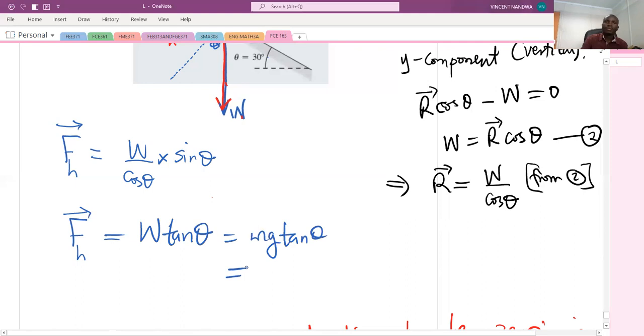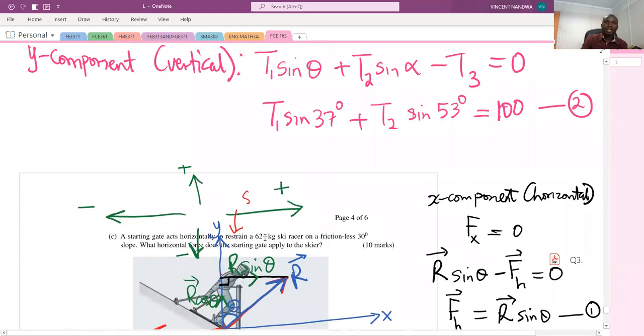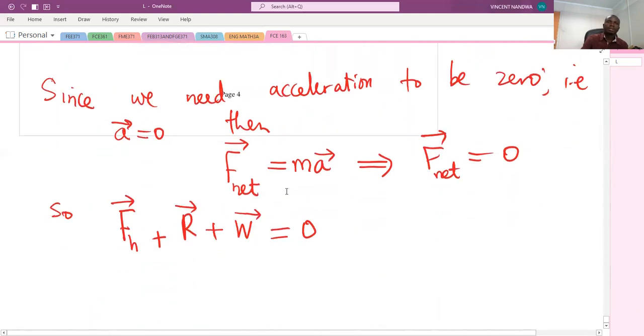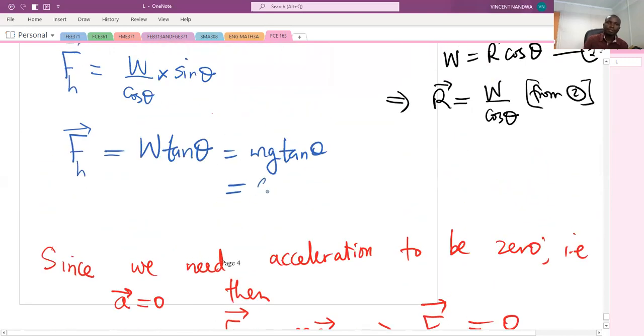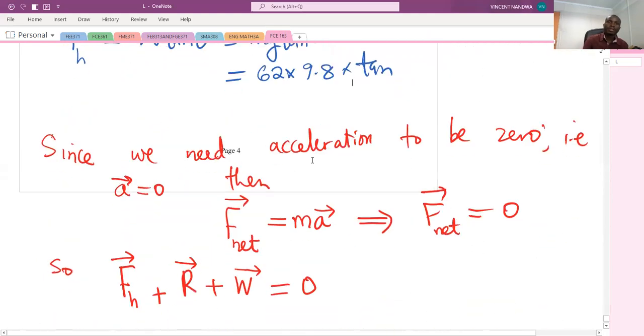Which is the same as mg tan theta. Now mass of this racer is 62 kilograms. So we'll have 62 kilograms, g is 9.8, times tan of the angle, 30 degrees.